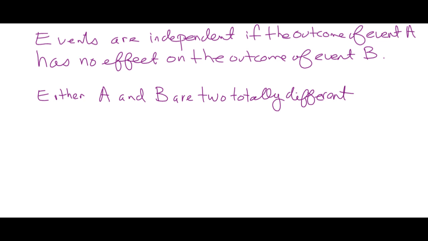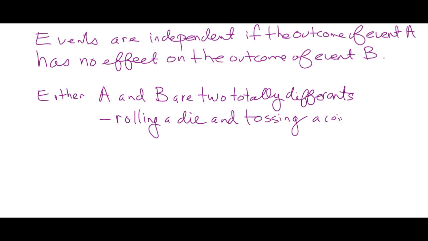If I have either A and B are two totally different events, for example, rolling a die and tossing a coin. If you roll a die and toss a coin, then it doesn't matter how the die comes up. That has no effect on the coin, because the coin is something totally different.